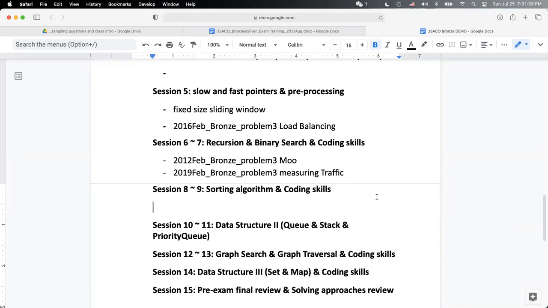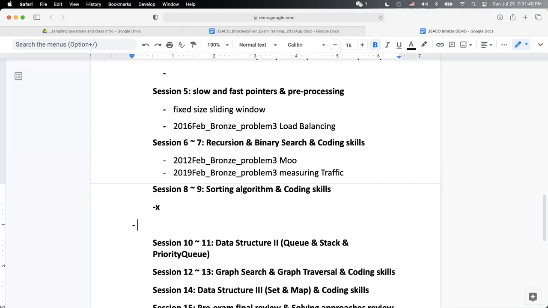So sorting algorithm, this is a very basic module in your context. But there are two levels of questions you need to be careful about. The first one is just sort it out.